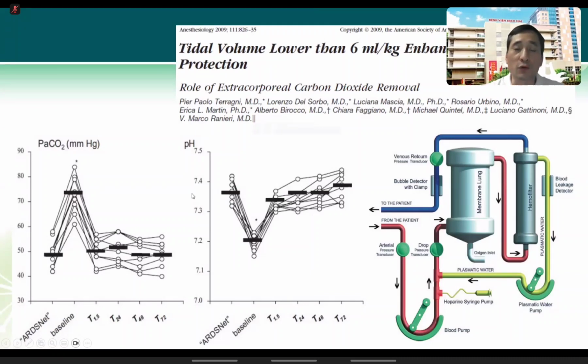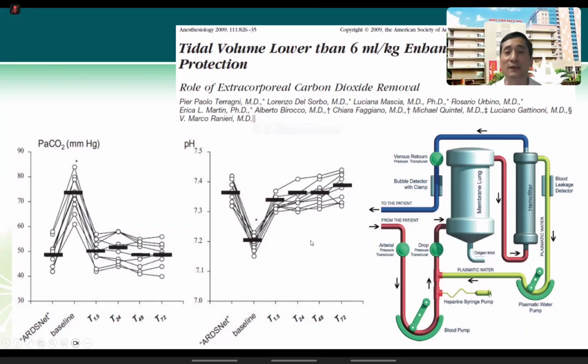And of course, when the CO2 level goes up, the pH level goes down. And when we start the CO2 removal, we see immediately, within an hour and a half, the CO2 level going down and the pH going up.